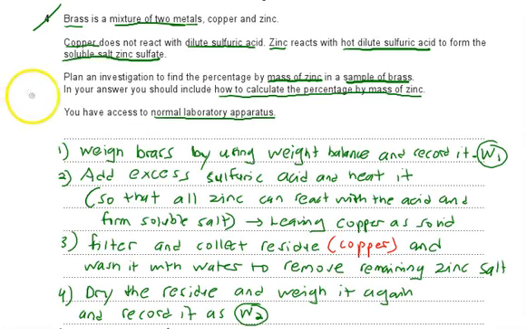Okay, now here is my suggested answer. First we weigh the brass by using a weighing balance, or any measurement that you can weigh the brass with, and record it as W1. Then we add excess sulfuric acid and heat it up, so that all the zinc can react with the acid and form a soluble salt.